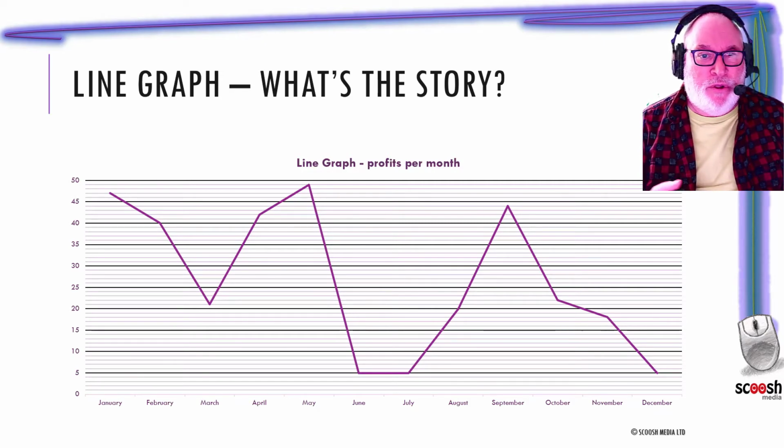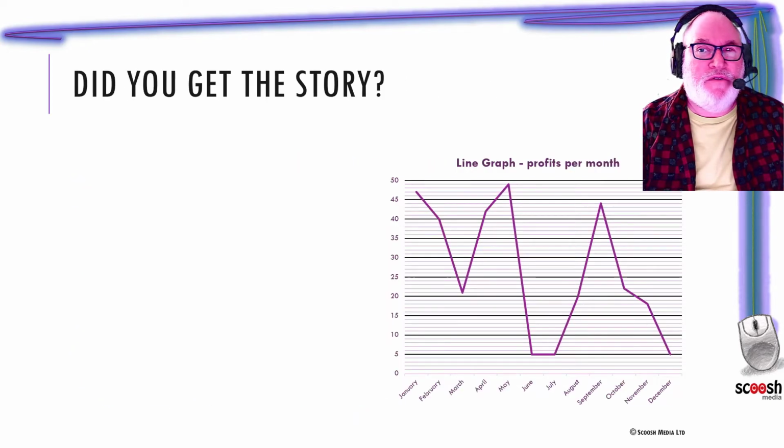So let's have a look at the values, to see what this line graph is telling us. Whether it's hundreds, thousands, millions, it still means the same to an organisation. Ups and downs. What can we take from it? What could it mean? So let's have a wee look.